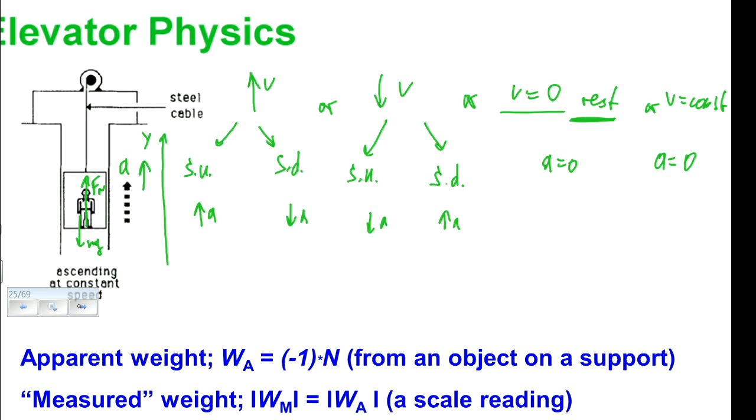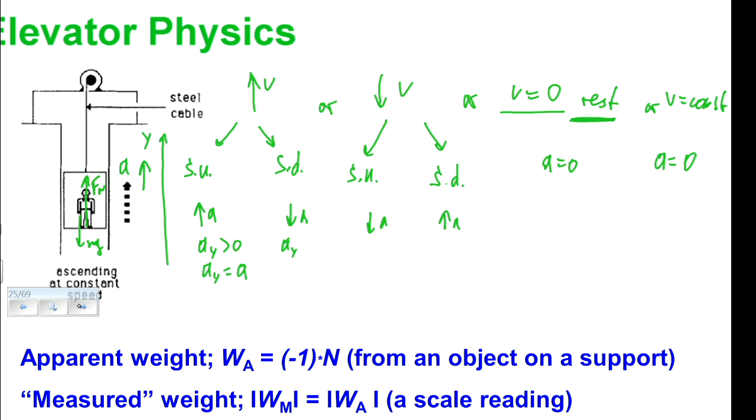How can we describe all situations in one? Simply using the general symbol for the y component of the acceleration. In this situation, the y component is positive, so the y component is equal to the magnitude of it.